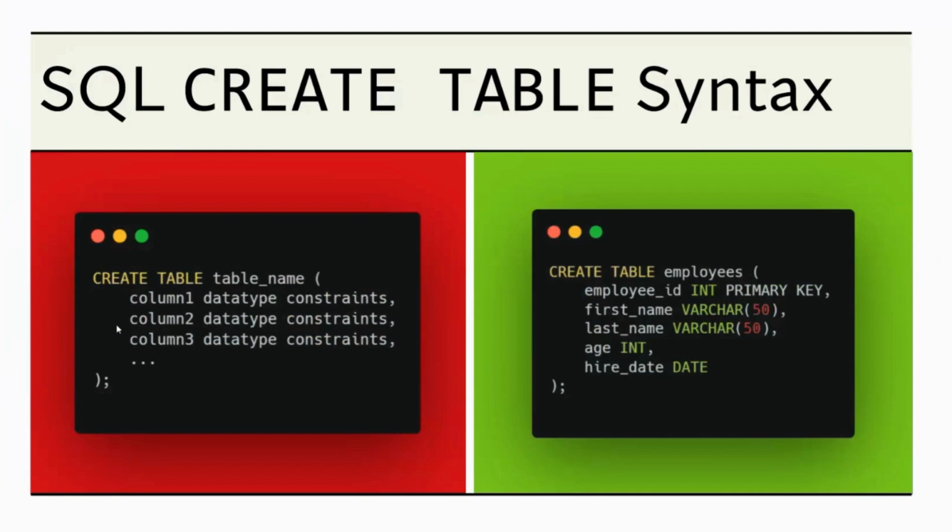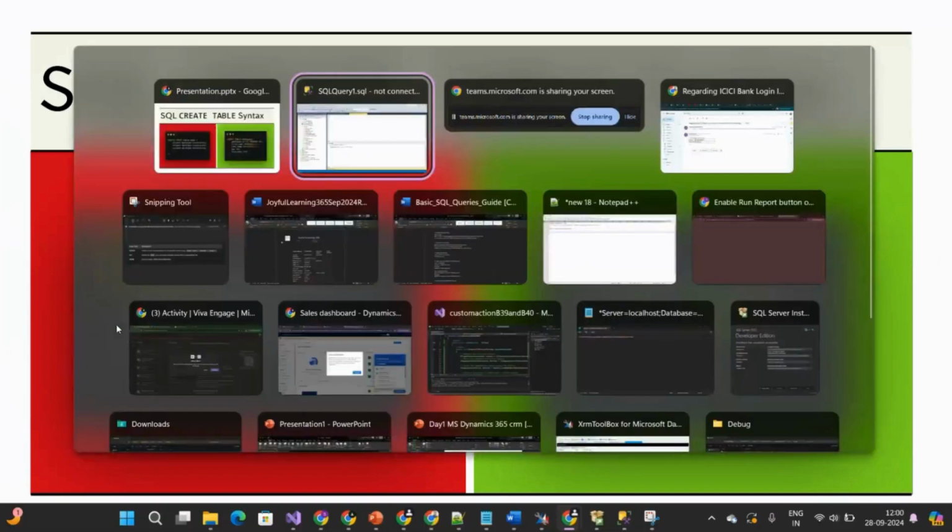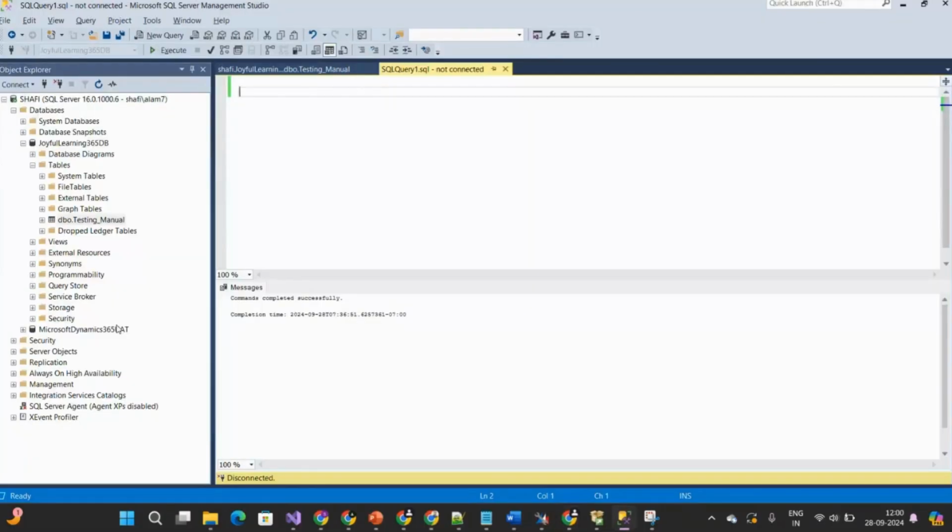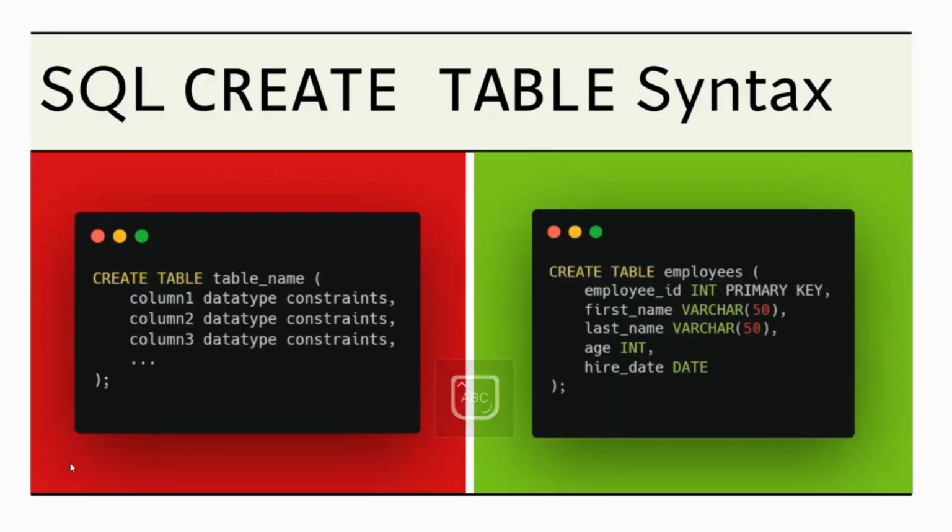Okay, let me create the same thing by implementing the script. In Joyful Learning 365 we can see the dbo.test underscore manual record has been created, right? In the same way I want to create the same thing through scripting. You can see the syntax: create a table.